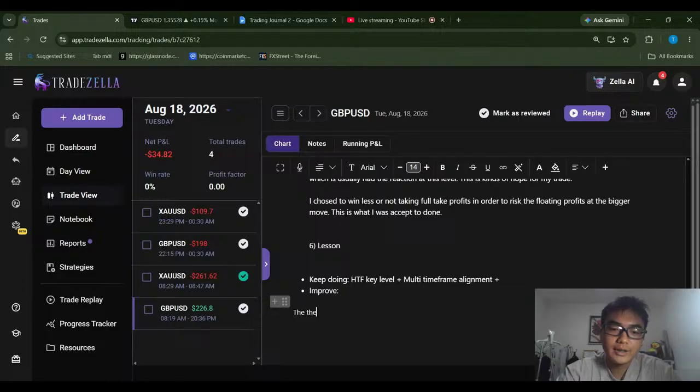The improvement that I need is the mindset behind the trade. I did not check the high time frame alignment, the high time frame picture, in order to execute a trade.